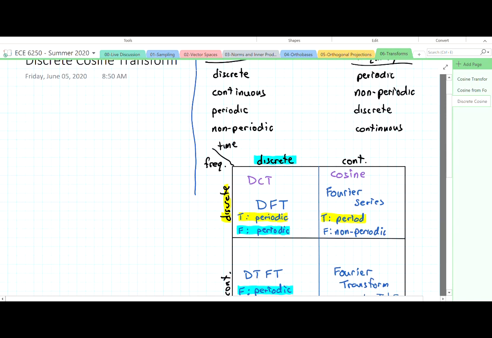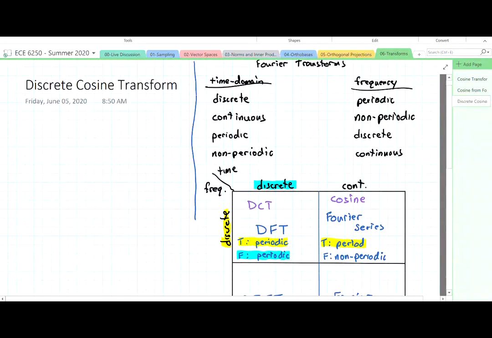We're going to focus on the DCT right now. DCT, discrete cosine transform, is analogous to the DFT.